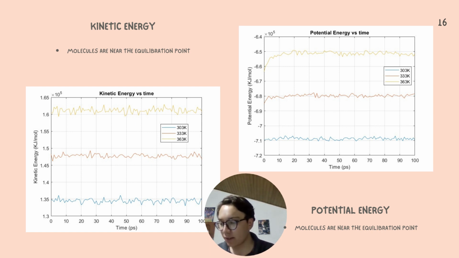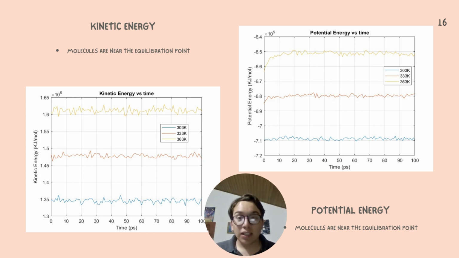Basically, the equilibration phase is the phase where the molecules start to move freely in order to distribute the energy equally. The energy that the molecules start to distribute is basically kinetic energy and potential energy. If we compare the heating phase against the equilibration phase, we can see that in the heating phase, the graphs start to increase in order to reach the calibration point.